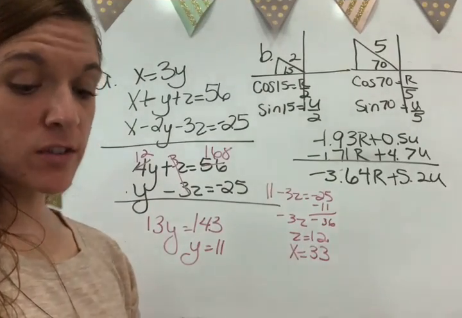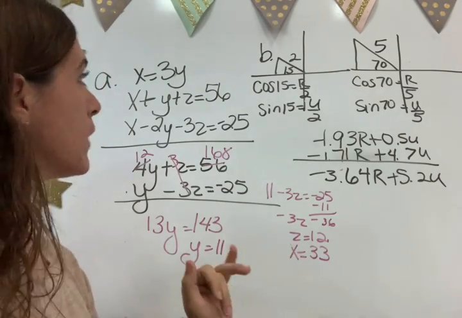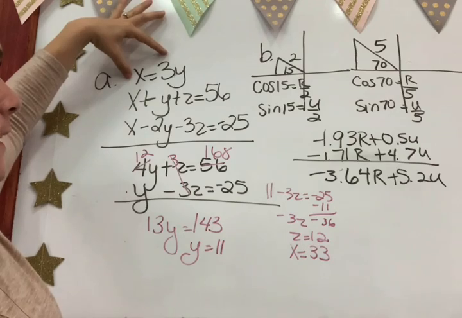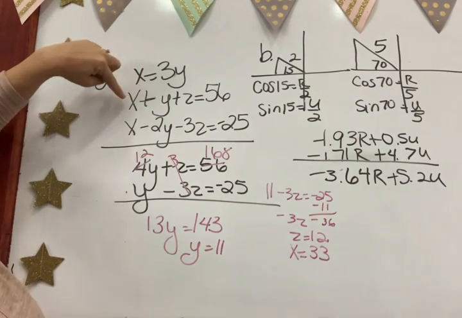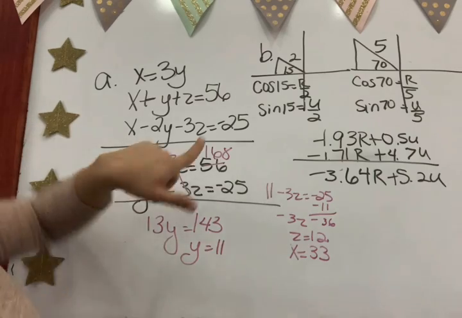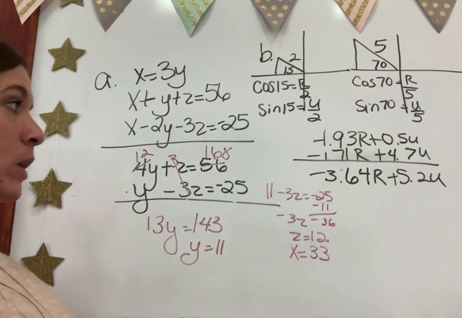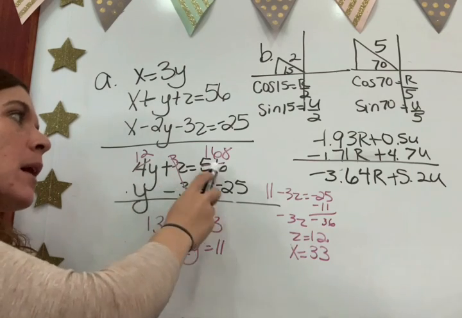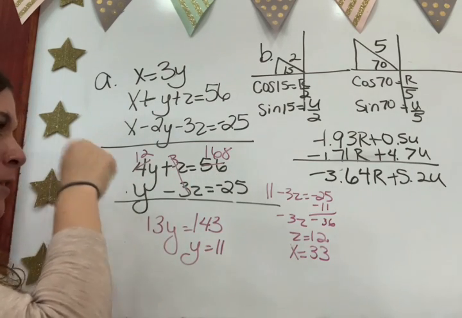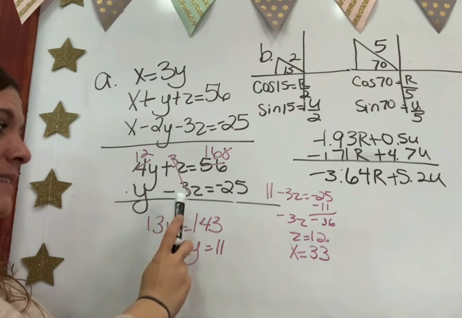Okay, guys, your answer to letter A is X is 33, Y is 11, Z is 12. How do we get that? I used this to put it in for X. When I substituted it in, I did that in my head, so I did 4Y plus Z equals 56, then Y minus 3Z equals negative 25. I multiplied the top equation by 3 to get 12Y plus 3Z equals 168 to eliminate the Z's.